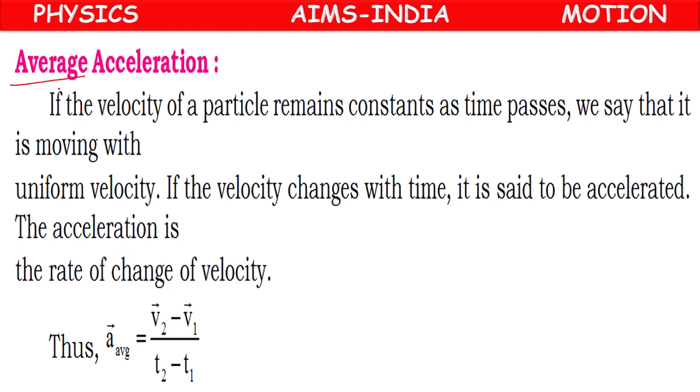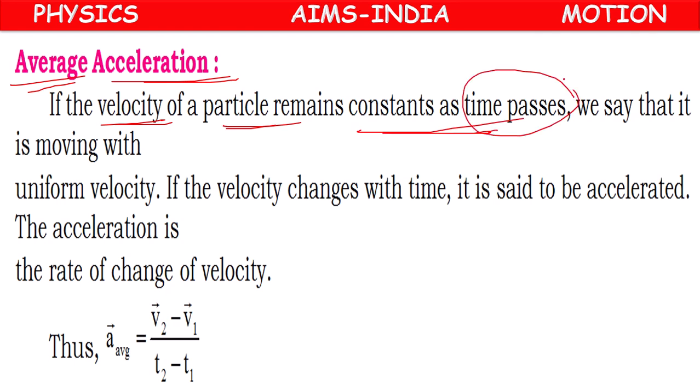So next, average acceleration. If the velocity of a particle remains constant as time passes, we say that it is moving with uniform velocity. Suppose you take a train.